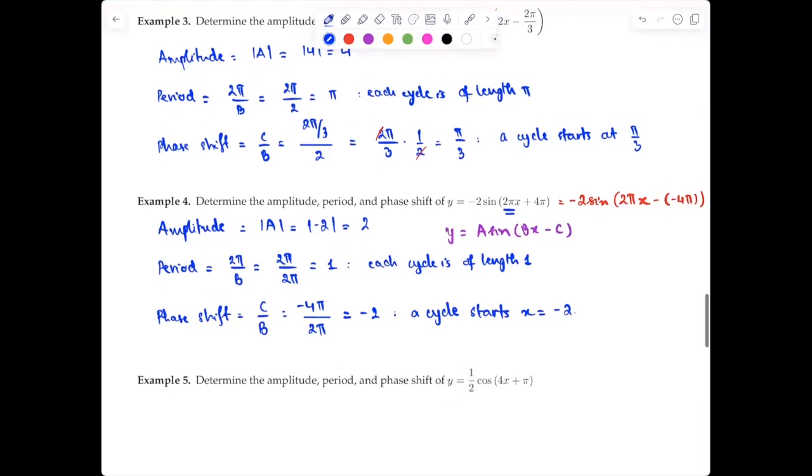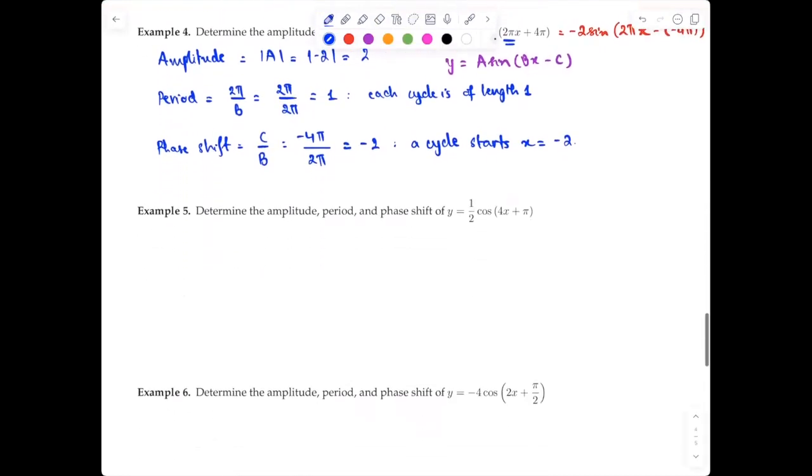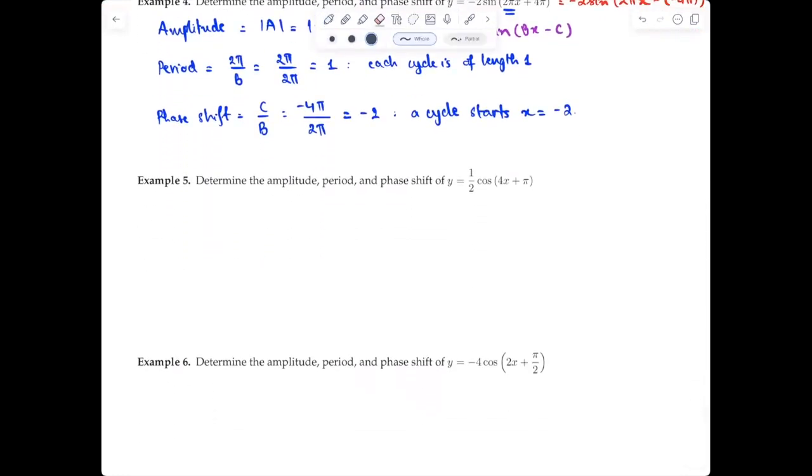So now let's move on to example 5. In this example, the function that we have is y equals 1/2 times cosine of (4x plus pi). Now, if you compare this function with the definitions, you see that you need to manipulate the function a little bit.